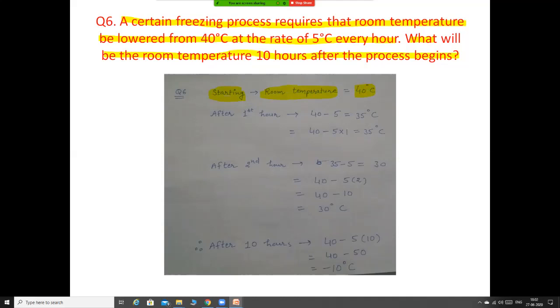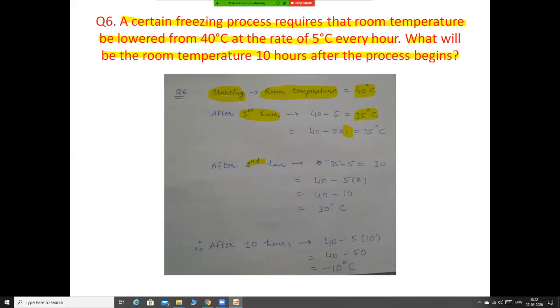So after 1 hour, what happens? 5 degrees Celsius is less. So 40 minus 5 equals 35 degrees Celsius. We can write it as 40 minus 5 into 1, where 1 means after 1 hour. The answer is 35 degrees Celsius.